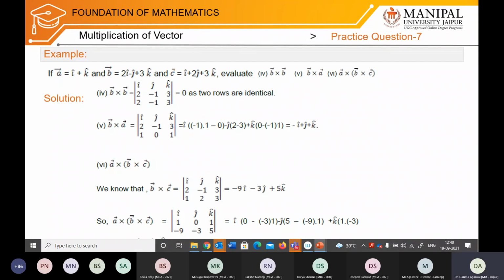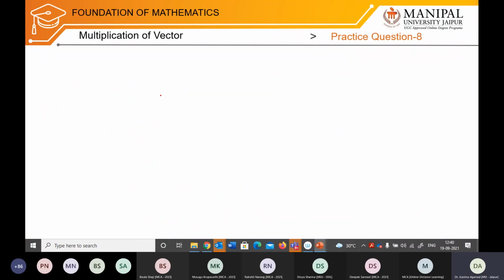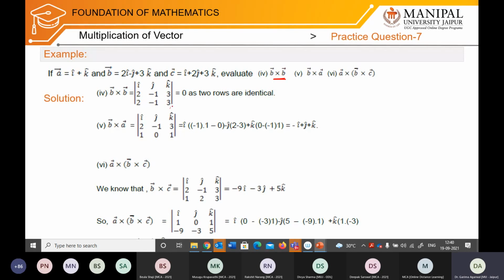This is one more example. Here b cross b. Although we know that the cross product of the same vector is 0, we can still solve it. Also, we know that if two rows of a determinant are the same, then the determinant is 0, right? And we can find b cross a and a cross (b cross c) by using this determinant.